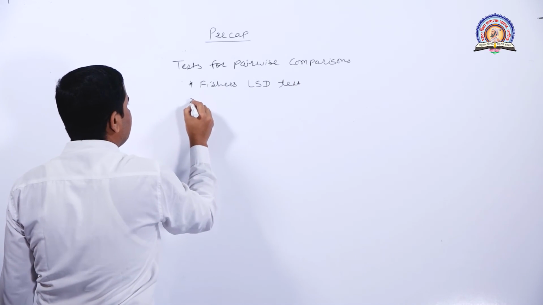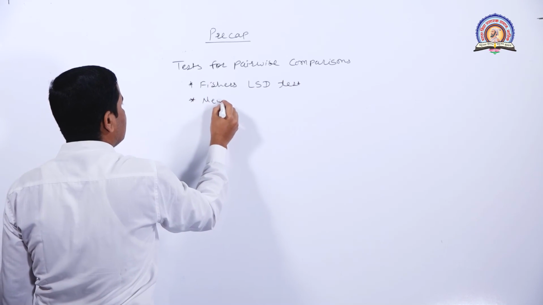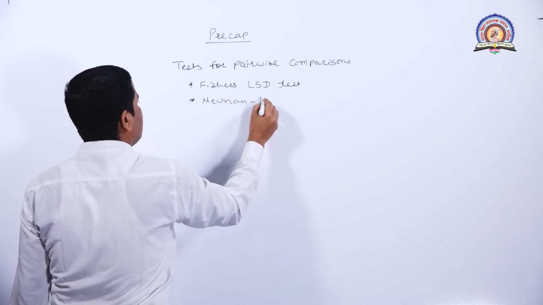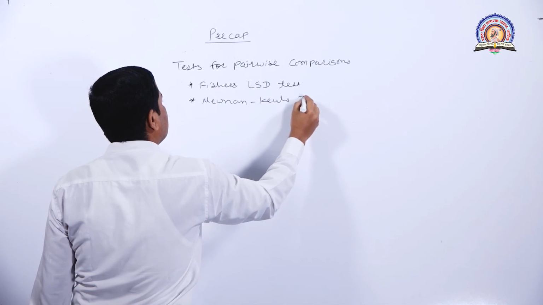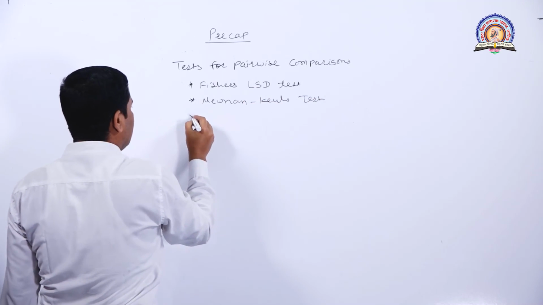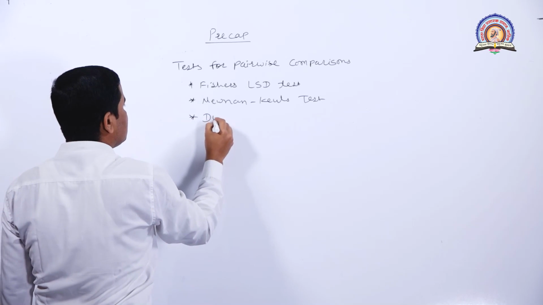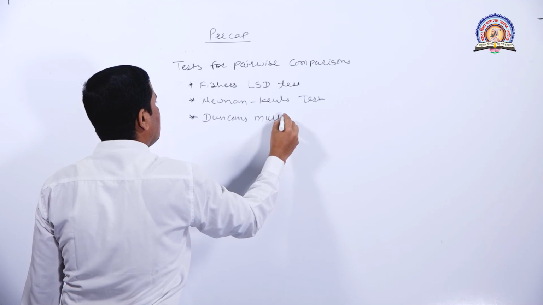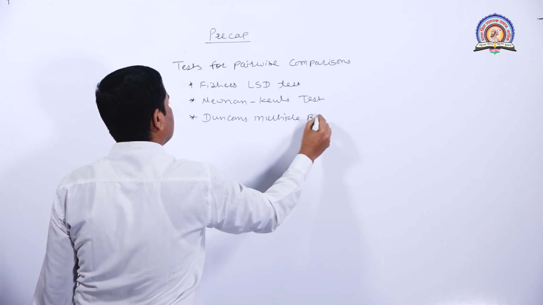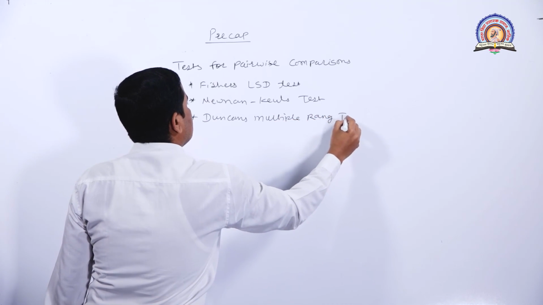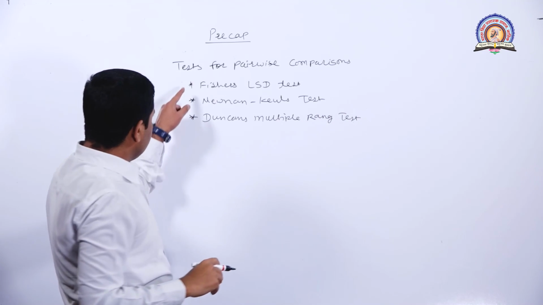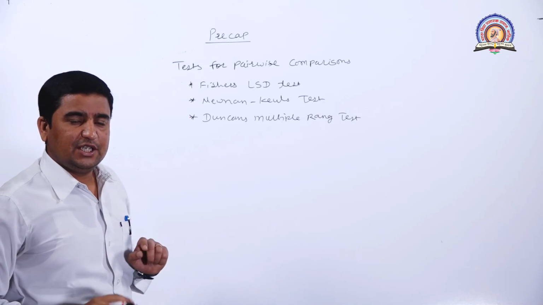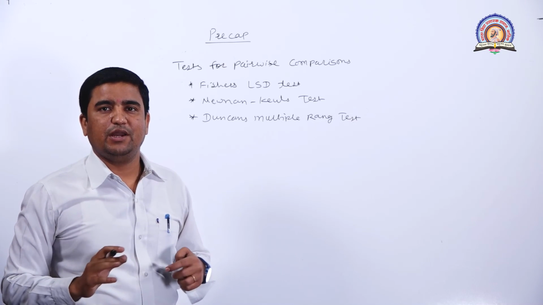There is another test which is called the Newman-Keuls test. Also, there is another test which is called Duncan's multiple range test. So these tests are used just like Tukey's test for pairwise comparison.